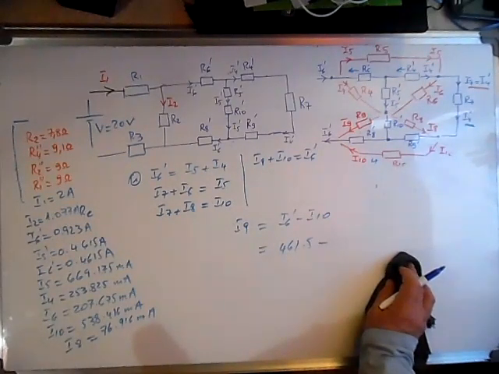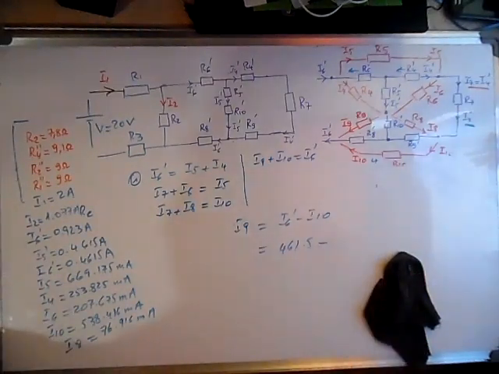I9 is I6 prime minus I10. I6 prime is equal to 400. I10 is 538. I8 is 176, that's right.